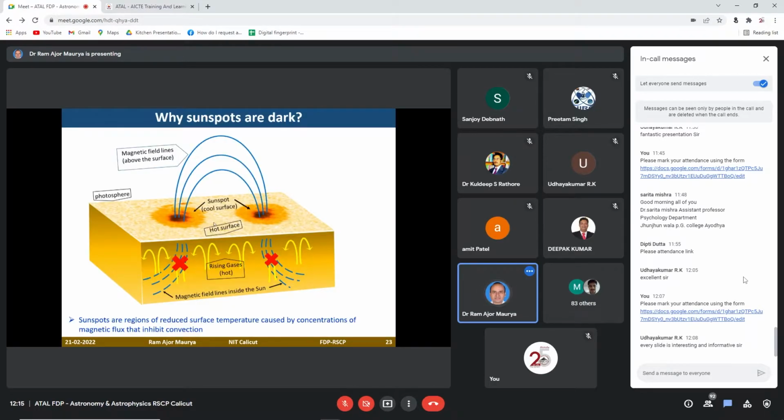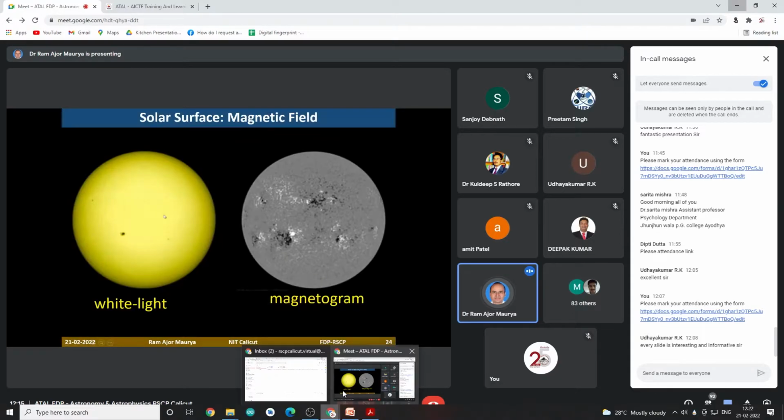This is called a butterfly diagram. In the beginning, the sunspots appear at a larger latitude, in the north and south. After that, they appear close to the equator. This is the equator, and here we have the number of sunspots.